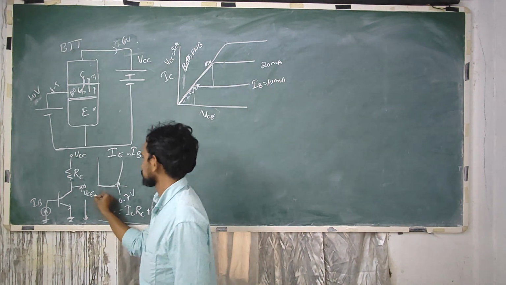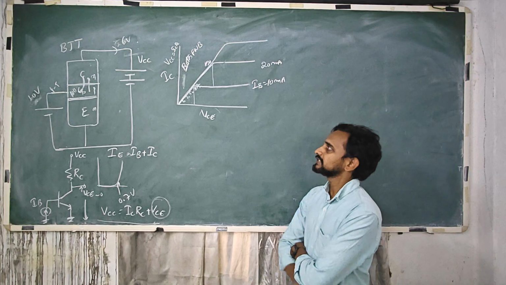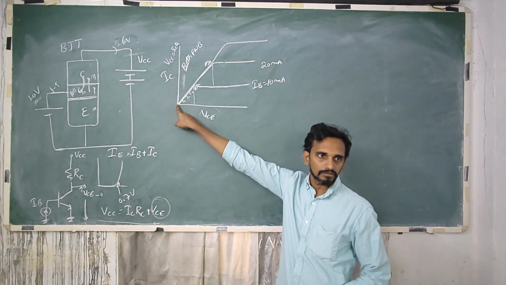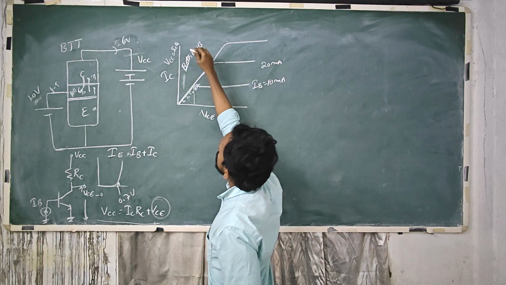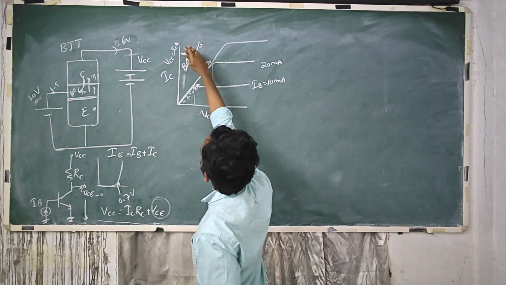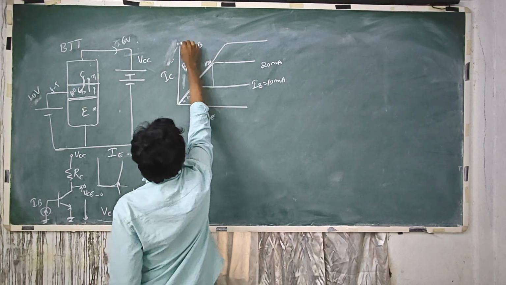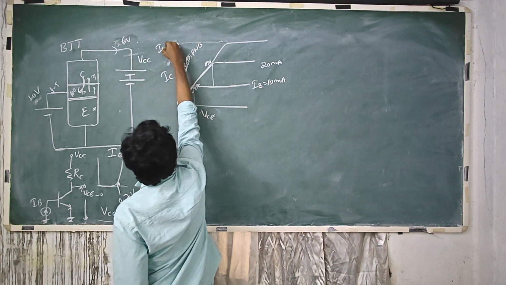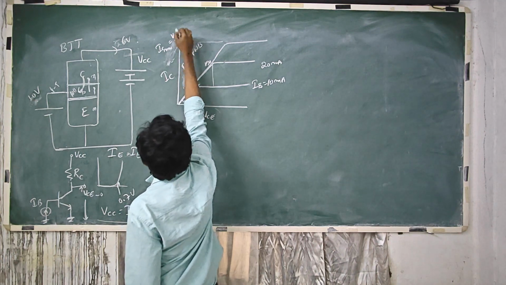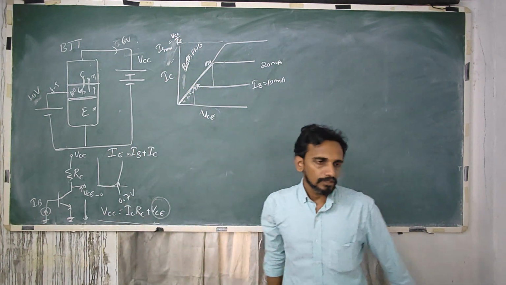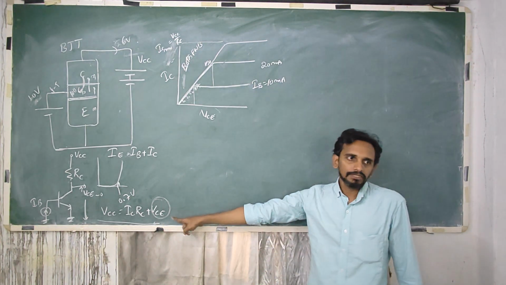VCE is 0. So when VCE is 0, that is the maximum. So IC maximum, the saturation current, is equal to VCC by RC. So that is the maximum current when VCE is 0.